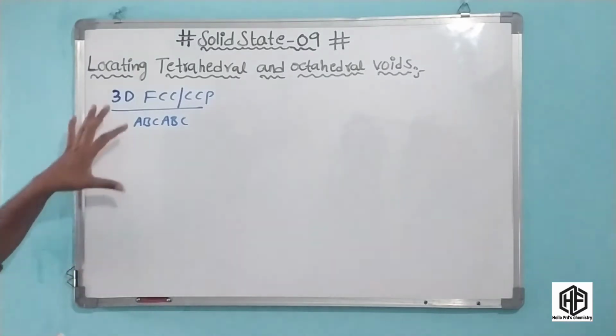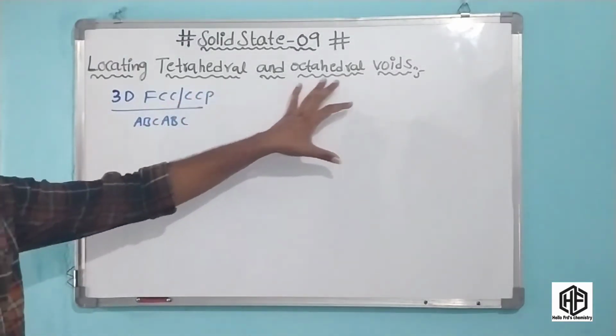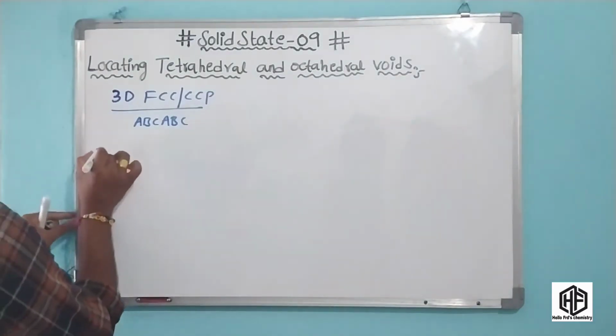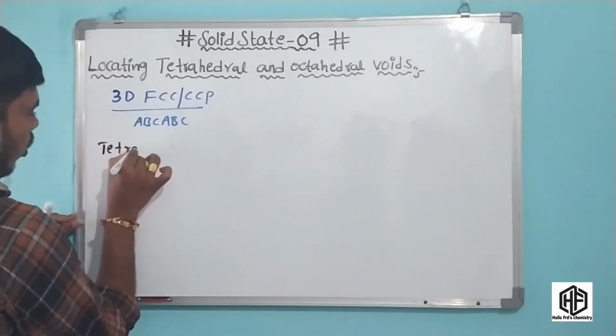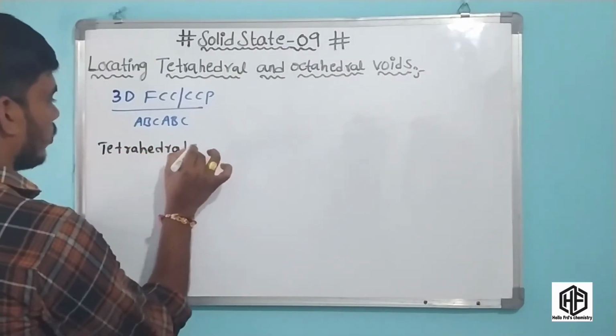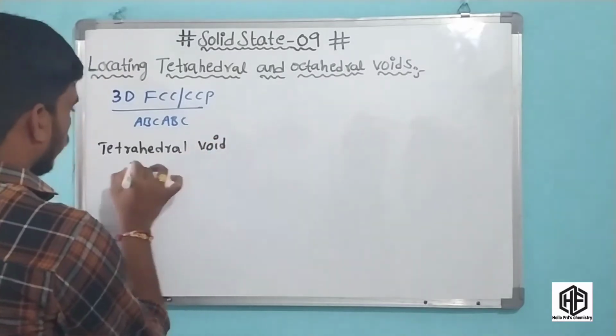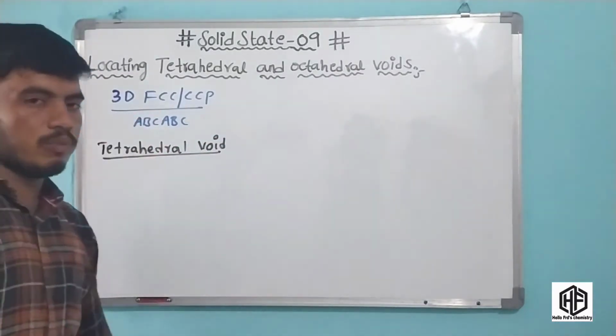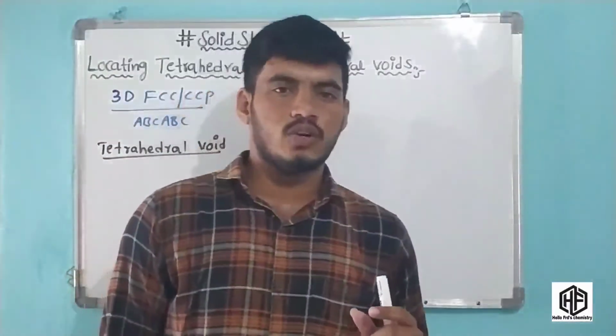Now, in this structure, how many tetrahedral and octahedral voids are present? First of all, how many tetrahedral voids are present in this face-centered cubic closed packing? What is face-centered cubic closed packing?